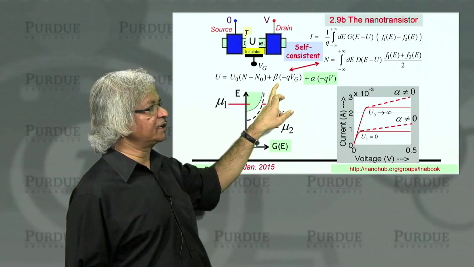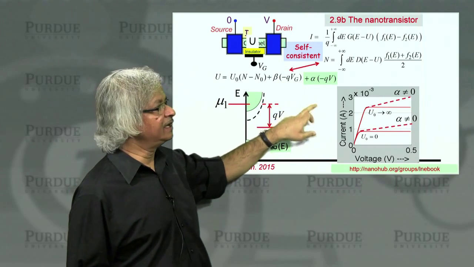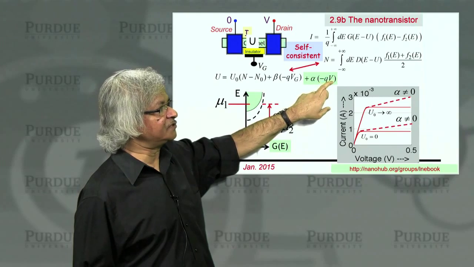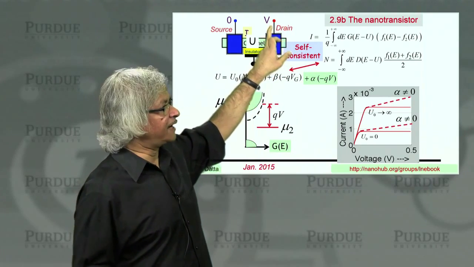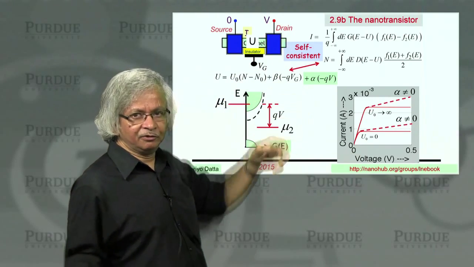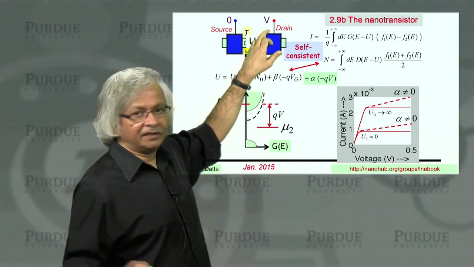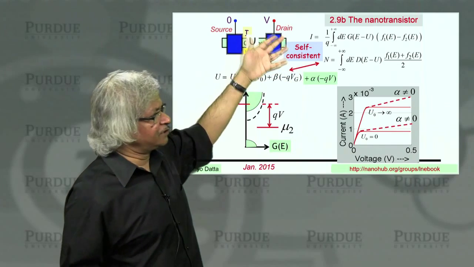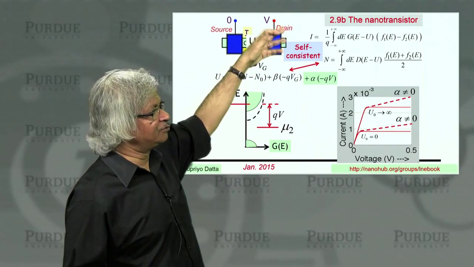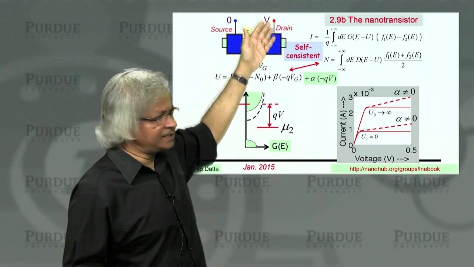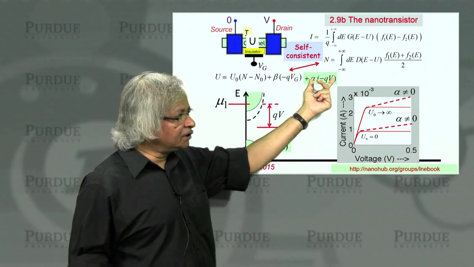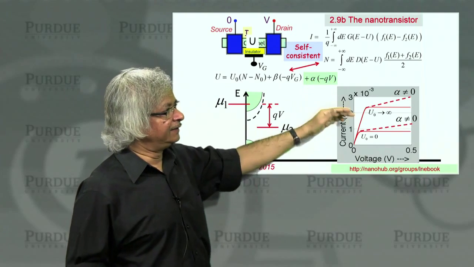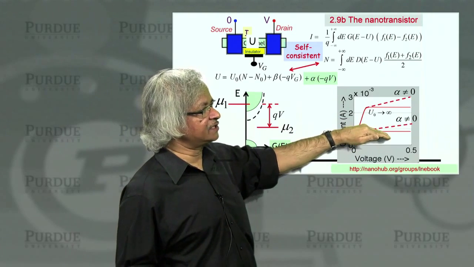So just as we put in a beta factor times Vg, there should be an alpha factor times this V, which is the voltage on the drain. Usually people write that with a V sub D to indicate the drain. But since most of this course we haven't been using two terminals and I just used V, I just kept calling it V. Okay?